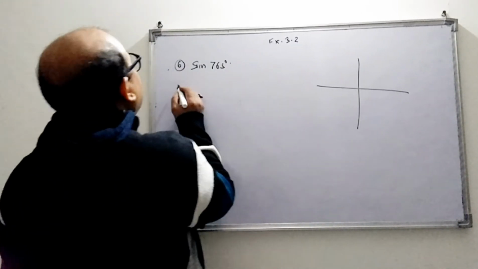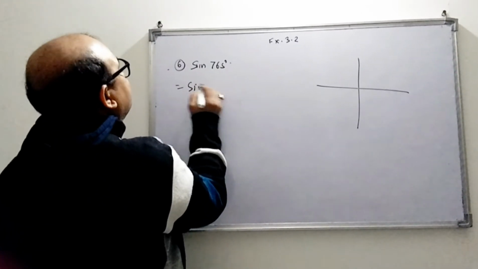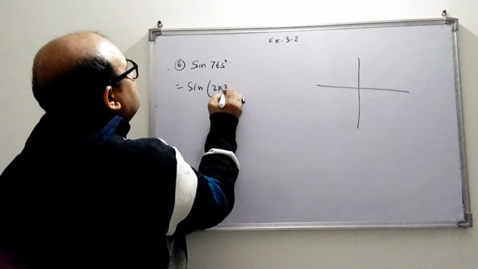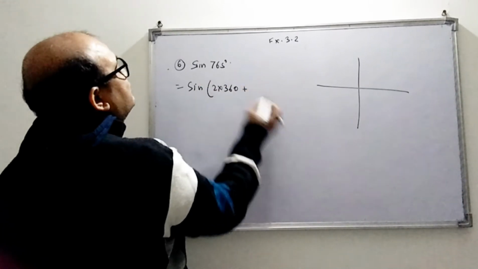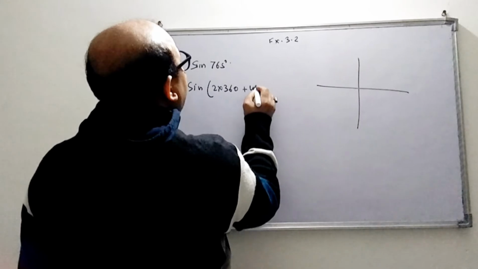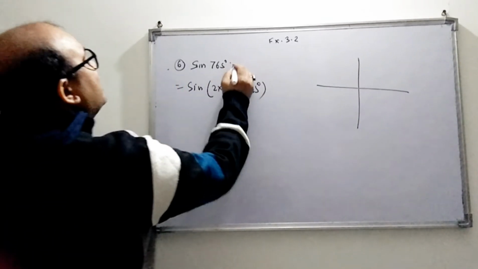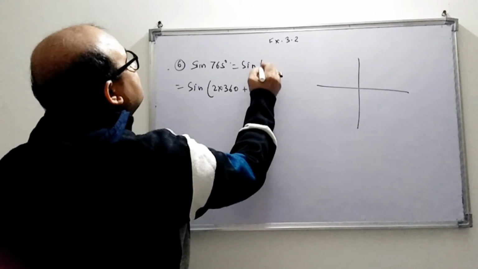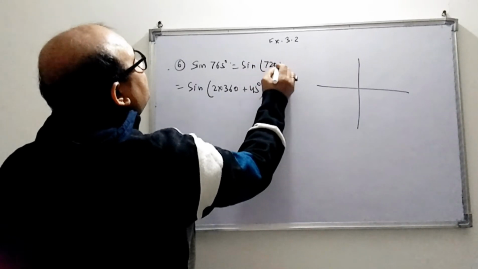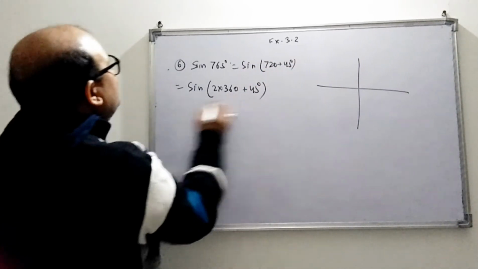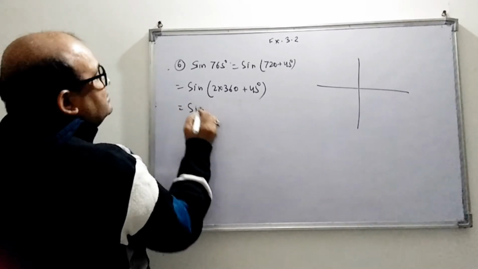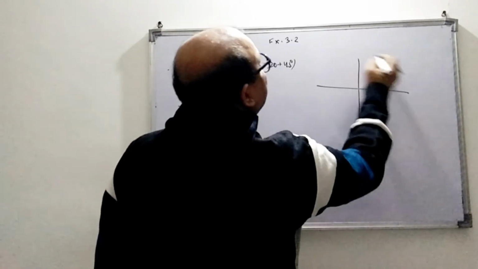So here it can be written as sin of 2 into 360 plus 45 degree. This can be written as sin 720 plus 45 degree.